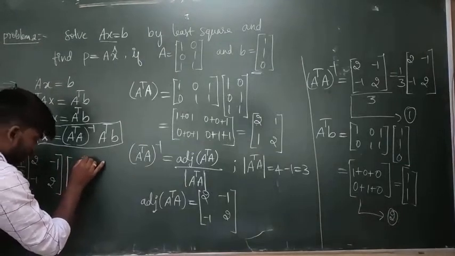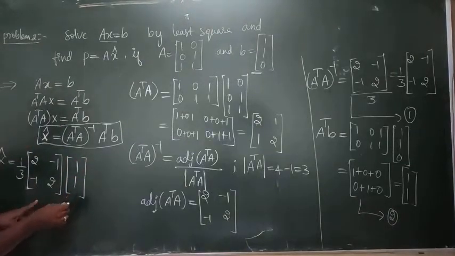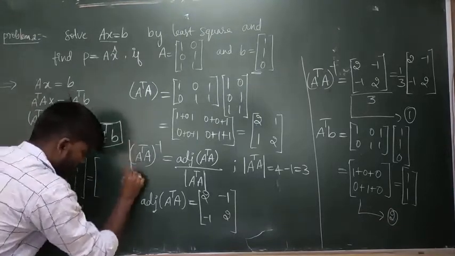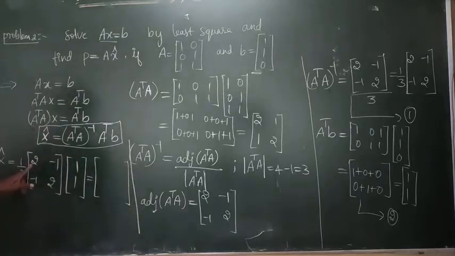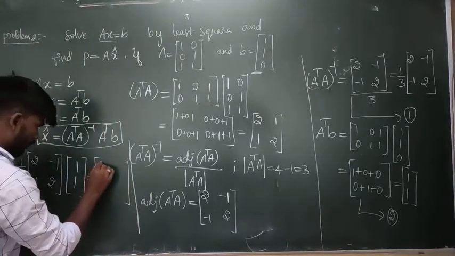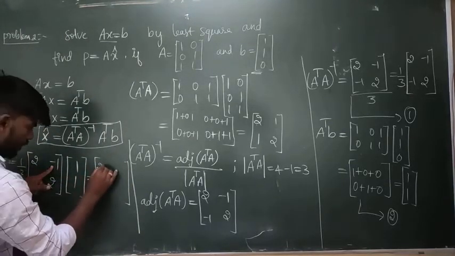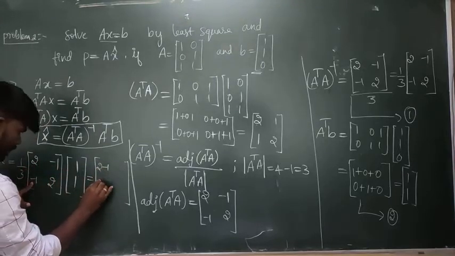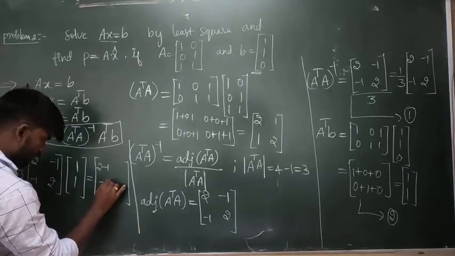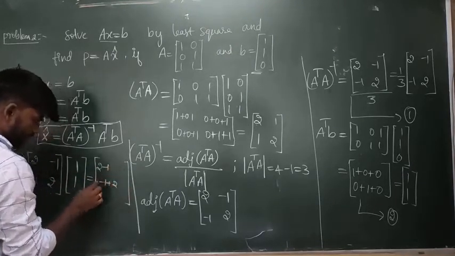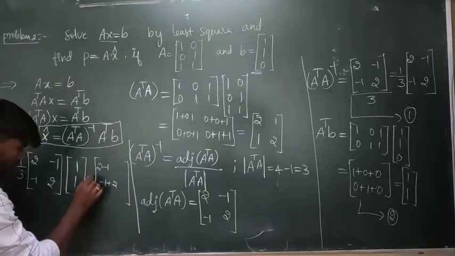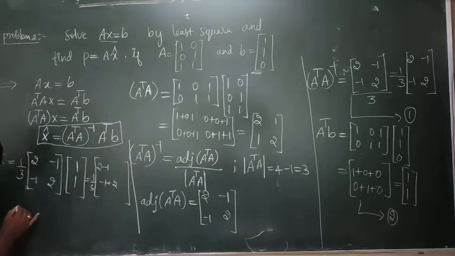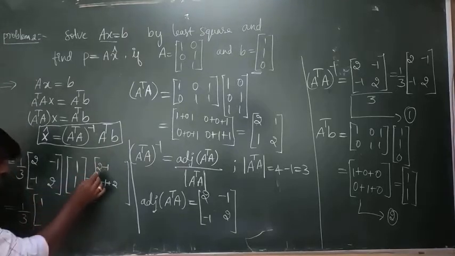Multiplying these two matrices: 2 into 1 minus 1 into 1, and minus 1 into 1 plus 2 into 1, which gives 1 and 1. Therefore 1/3 as it is, times [1; 1].